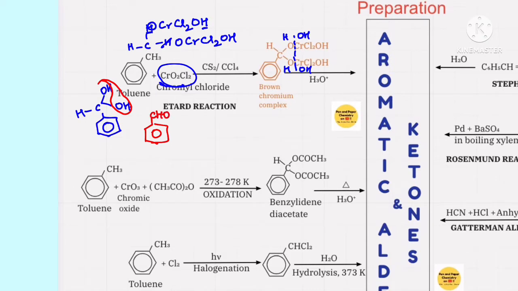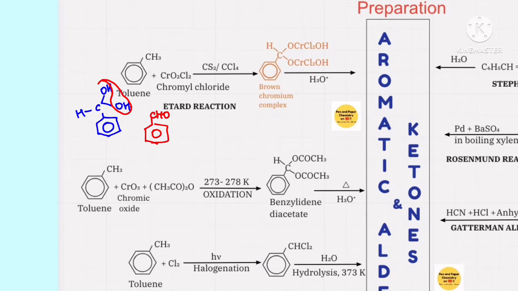So ultimately the toluene has got oxidized to benzaldehyde. C6H5CH3 turns to C6H5CHO. Write down the reaction in this specific manner in your notebook.